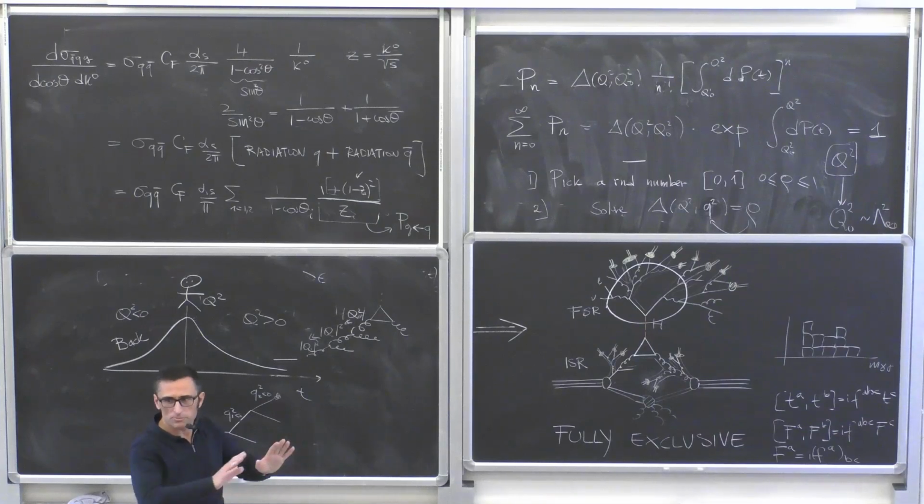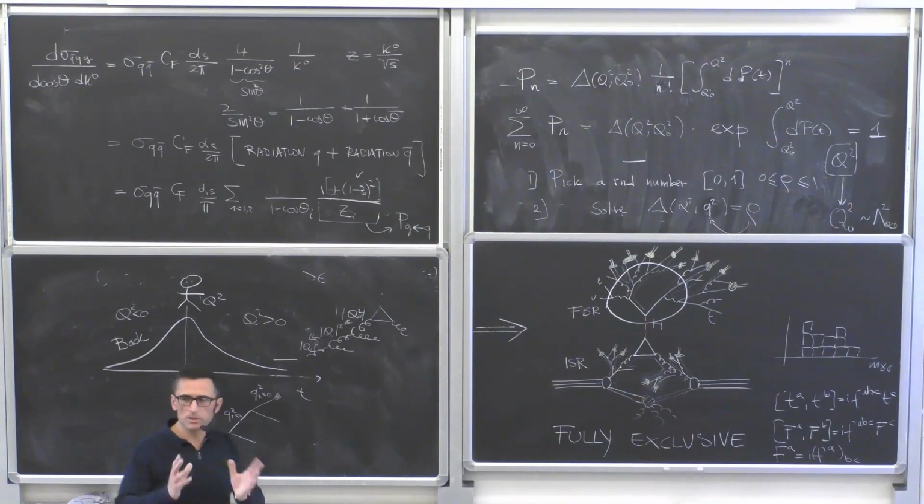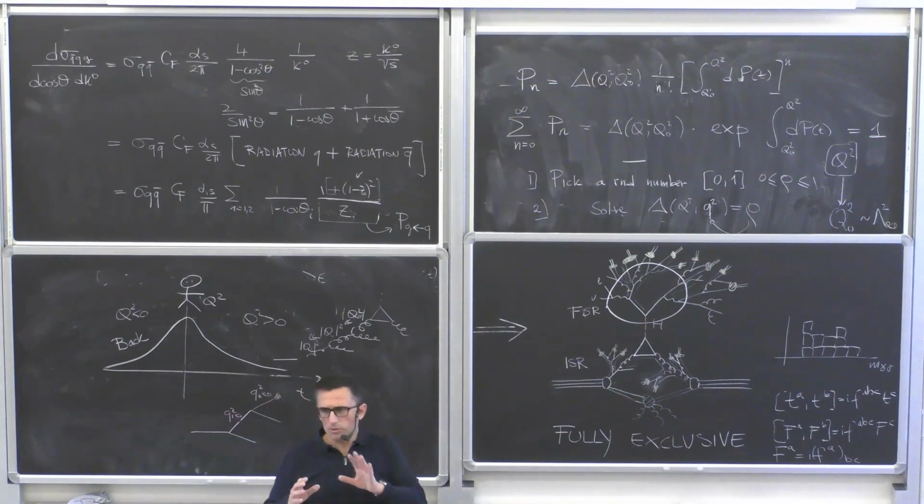Everything is on shell. So you're not adding a parton shower on top of fixed order; we do it simultaneously. No, we use probabilities. All the probabilities are calculated with on-shell amplitudes.